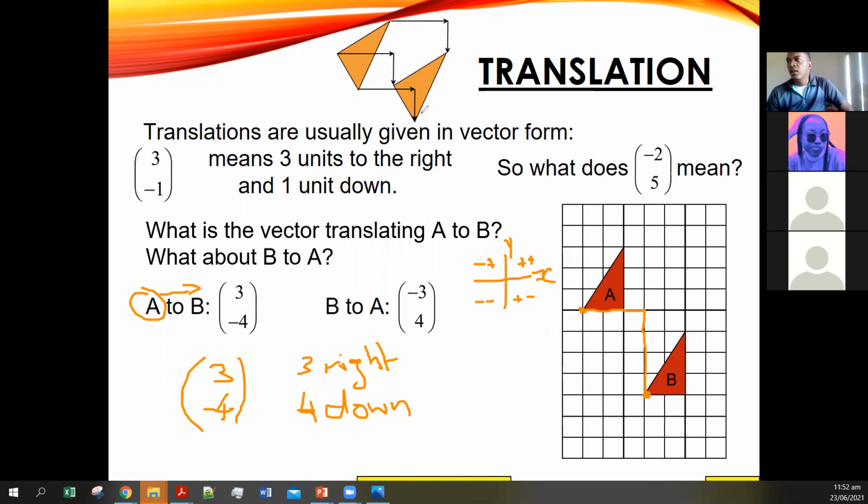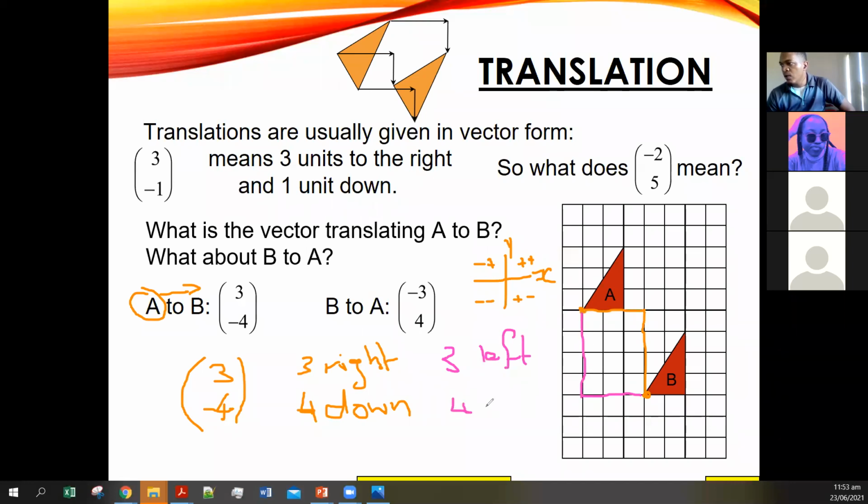And in the same vein, if we are now moving from B to A, then we do the same things. Instead of moving right, from B we now have to move to the left. 1, 2, 3. Okay, so I'm moving 3 left, and then I'm going 1, 2, 3, 4 up.